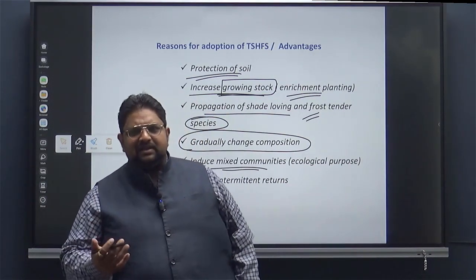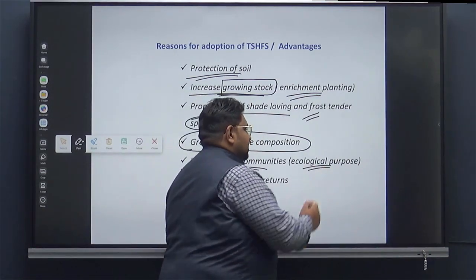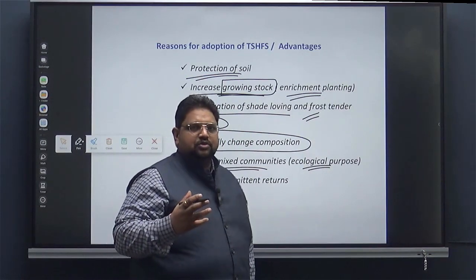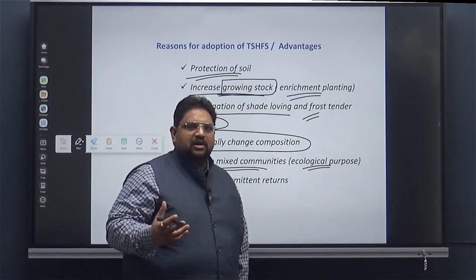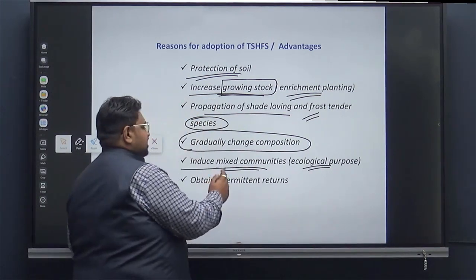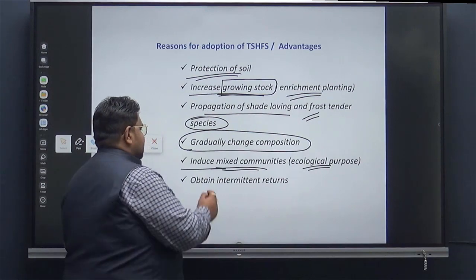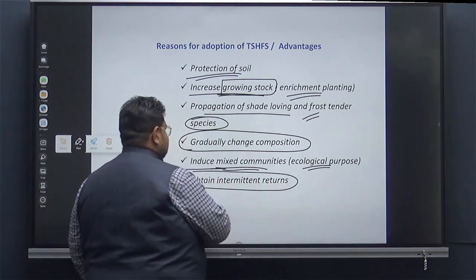There are many other things, especially from the ecological purpose of creating diversity or having a more diverse population. So you need to have mixed communities, and in order to do that, this is one of the best methods. And to obtain intermittent returns.